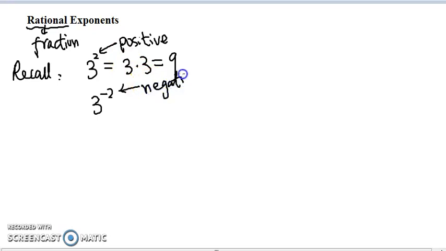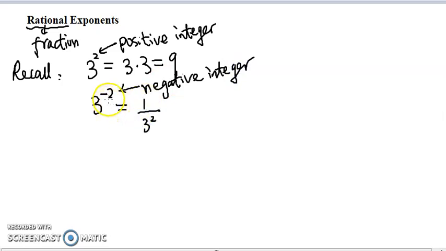When the exponent is a negative integer, I should emphasize integer, a positive integer and a negative integer, this means the reciprocal of 3 squared. So the negative sign in the exponent just flips that. So you get 1 over 3 squared, which is 1 over 9.